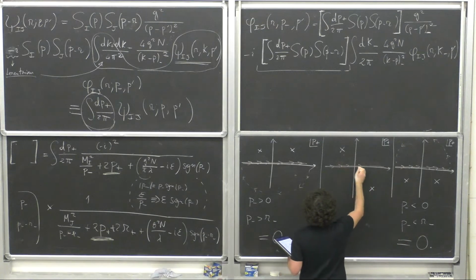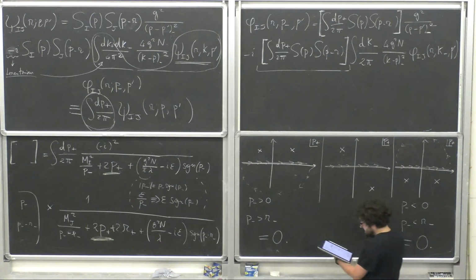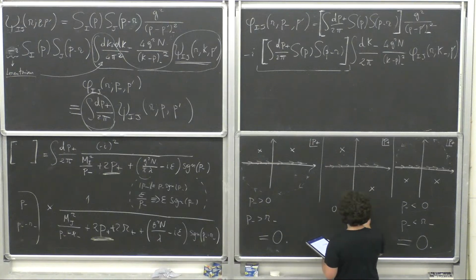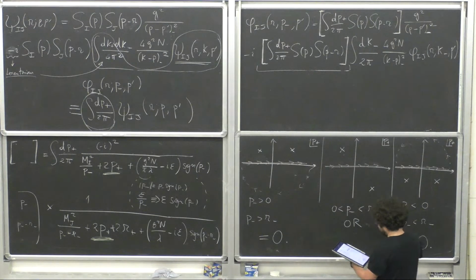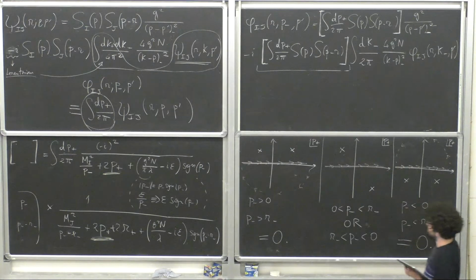For the purpose of drawing, I can draw like this. It doesn't matter whether we close up or down, we get a non-zero contribution. This is in the case 0 less than p minus less than r minus, or r minus less than p minus less than 0, if I did my inequalities correctly.